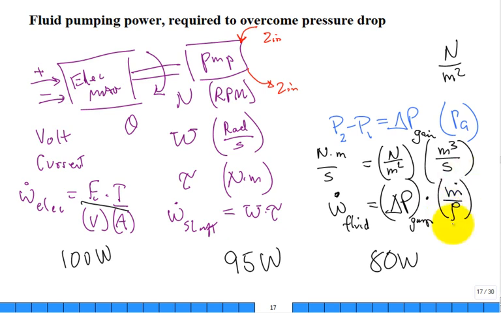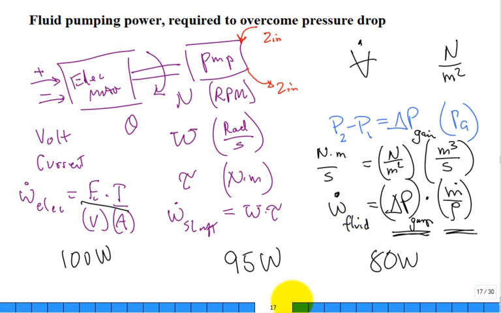I mean, there's a lot of symbols here for the volumetric flow rate. What's your favorite volumetric flow rate symbol? Q? Yeah. Oh, that's another one, right? Like this. Volumetric flow rate. That's a good one too. You have to remember the pressure gain times the volumetric flow rate gives you the fluid power.